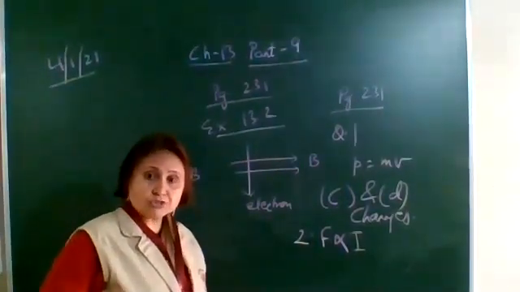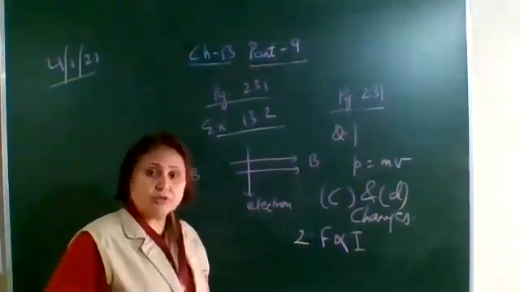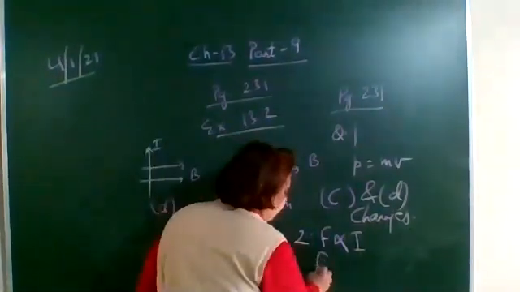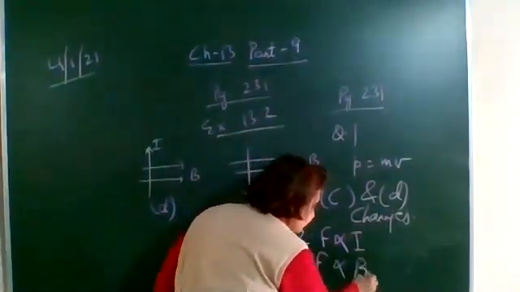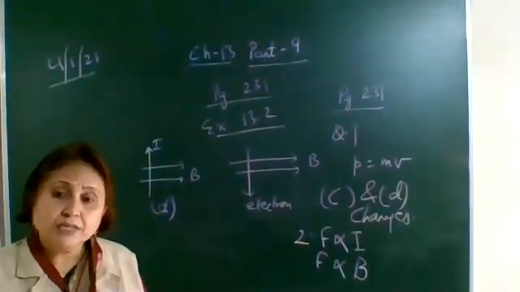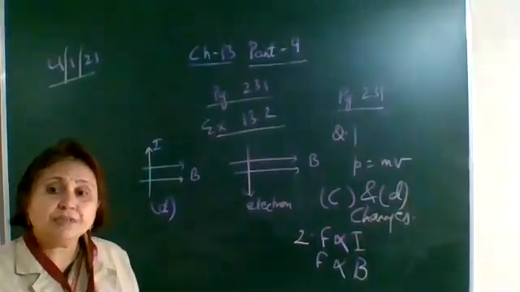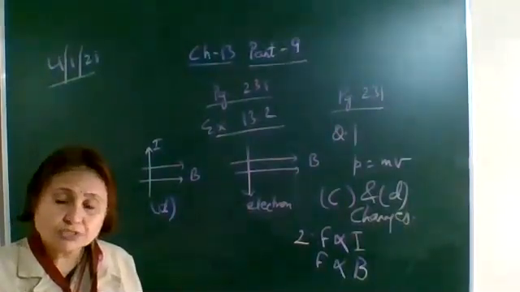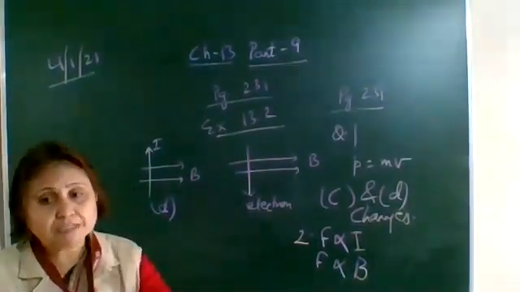A stronger horseshoe magnet means a stronger magnetic field, and we have already studied that this force is also directly proportional to the strength of the magnetic field. If the strength of the magnetic field is increased, the force also increases, so the displacement in the rod will be more.